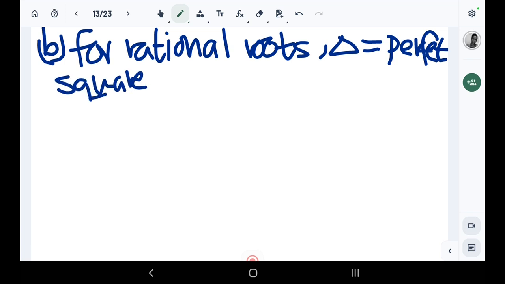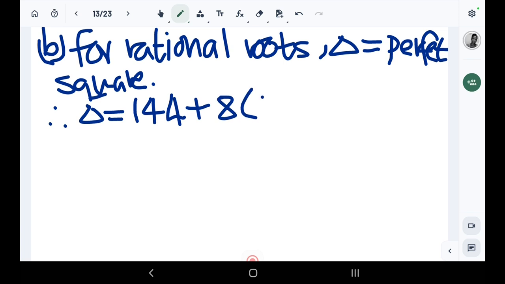Therefore our discriminant, which is 144, we've already calculated that, plus 8 times 1 minus 3k, must be a perfect square.